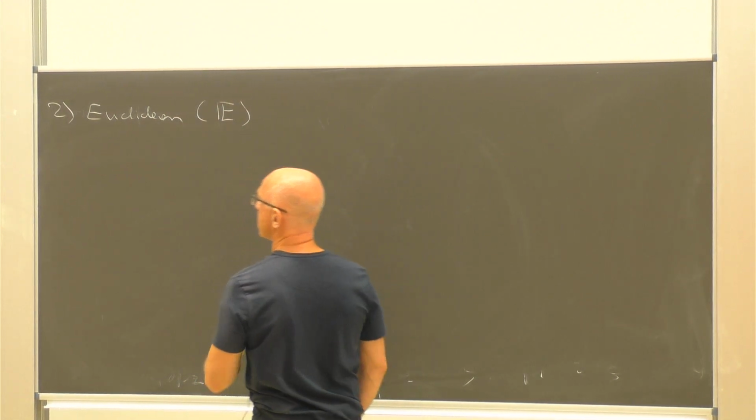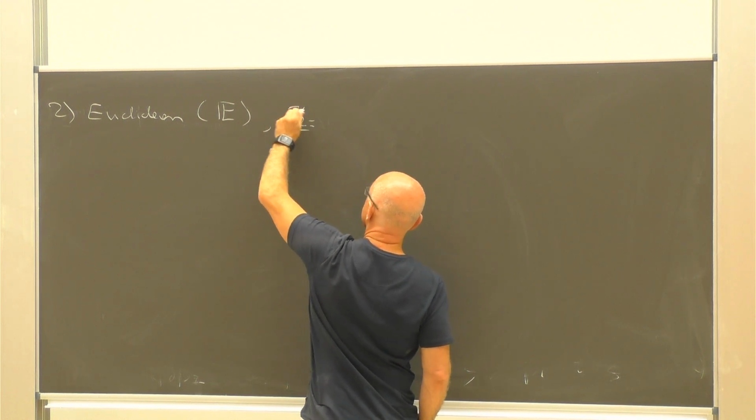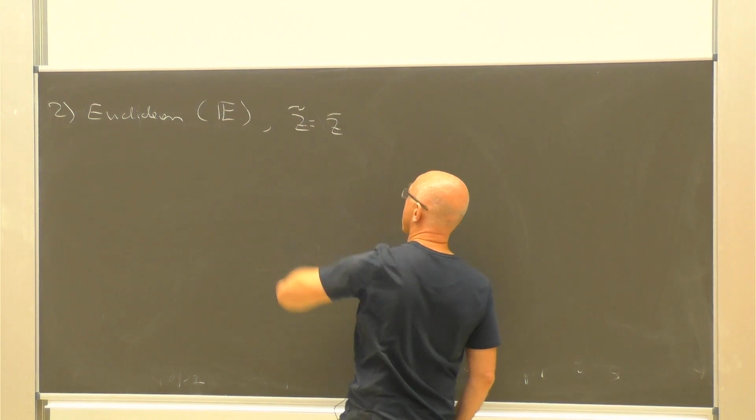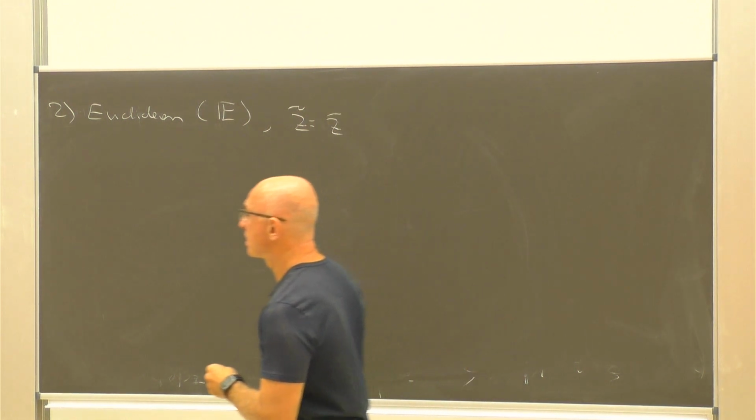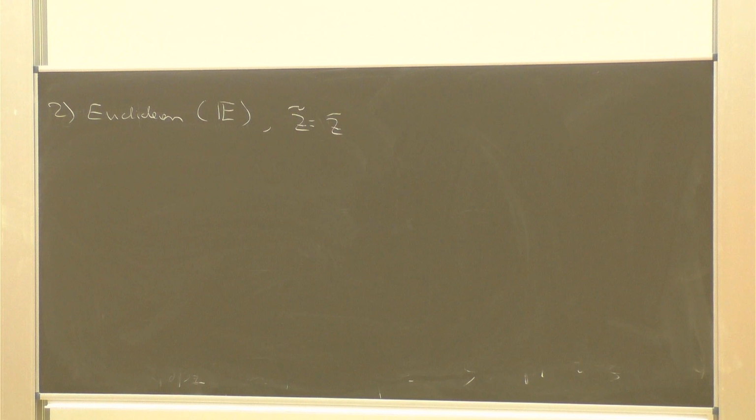Well, here I take z tilde to be z bar, and sorry, let me just, have I messed that up? I think I have, because I want my signature to be 3, 1. So this is dt squared minus dz squared, and now I have this minus sign here, so I need to put a plus sign.